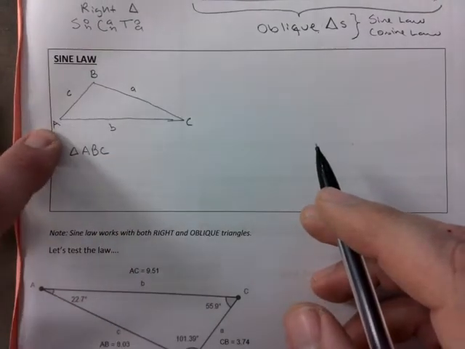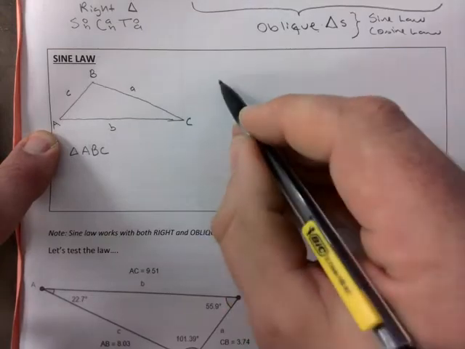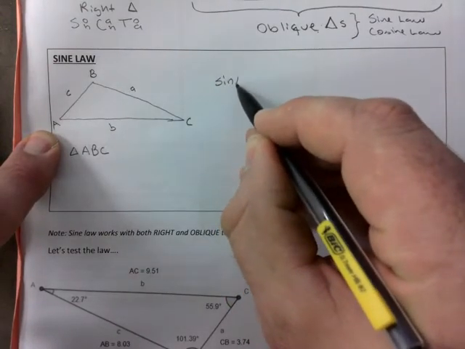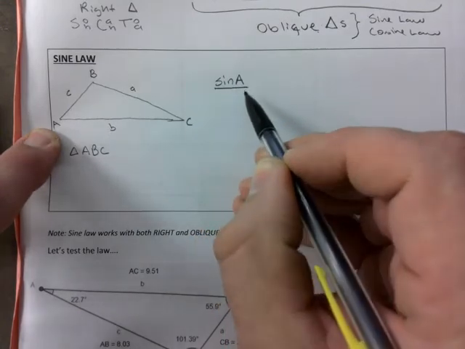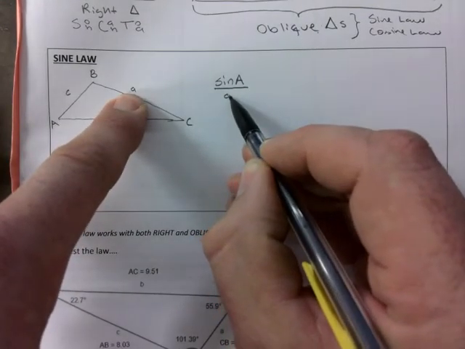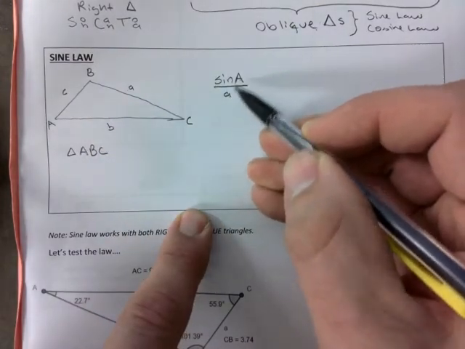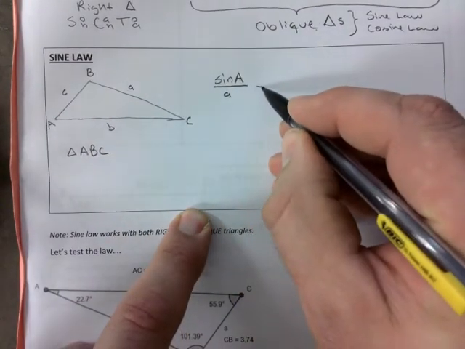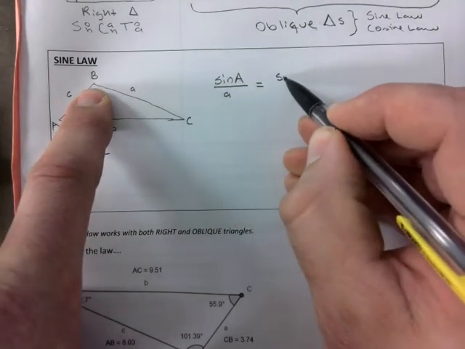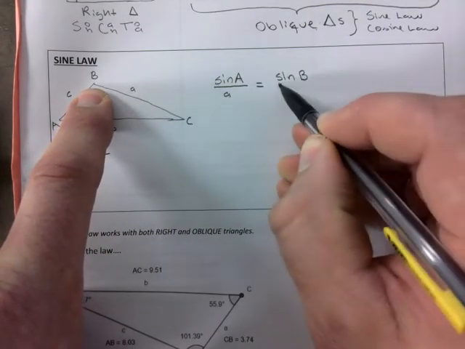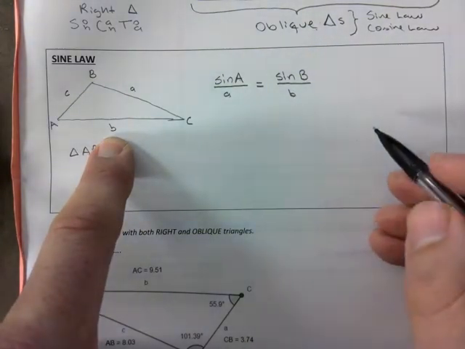If you were to take any angle, say this angle right here, the sine of angle A, and divide it by the side that is across from it (you see angle A, side A; it's implied that they're across from each other), that will be exactly the same as taking the sine of angle B and dividing it by the side across from it.